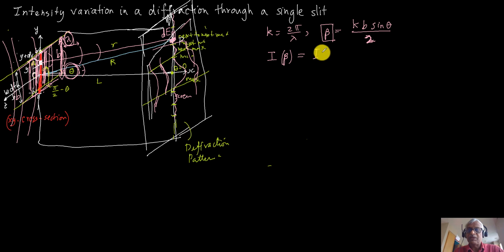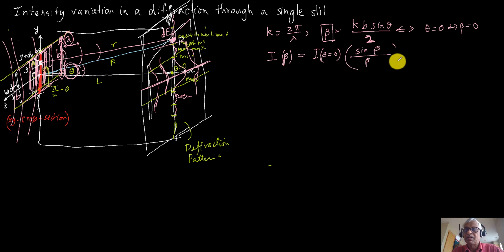Theta equal to 0 corresponds to beta equal to 0. So whatever the intensity is at the symmetric point, the maximum intensity, times sine beta over beta, squared. So that's the intensity. And this beta is a function of theta this way.